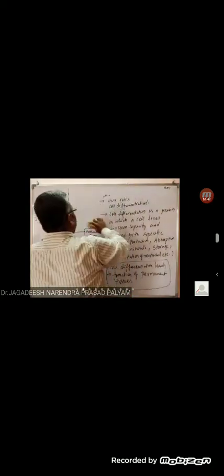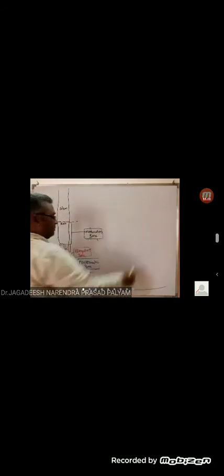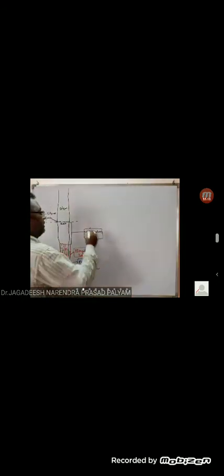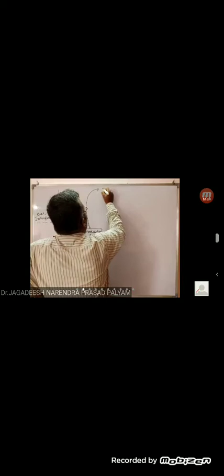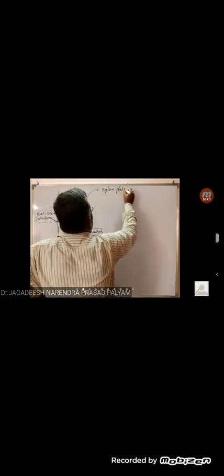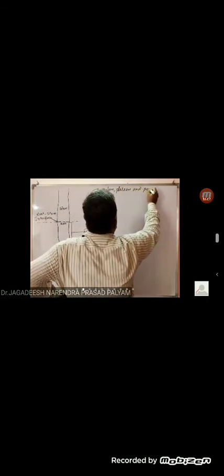Now, so the maturation zone has xylem, phloem, and other permanent tissues.